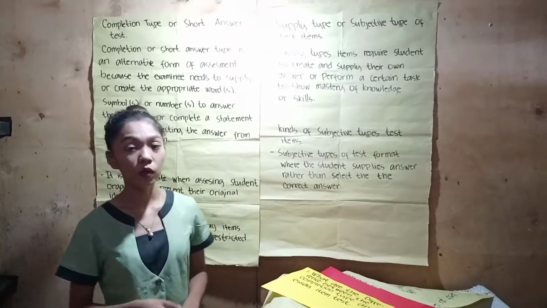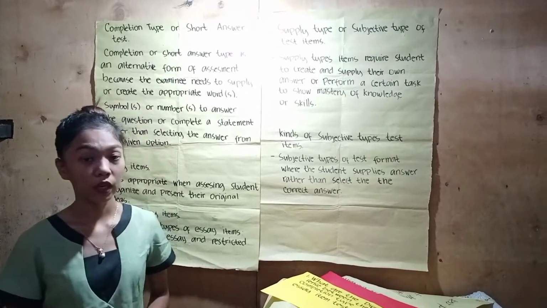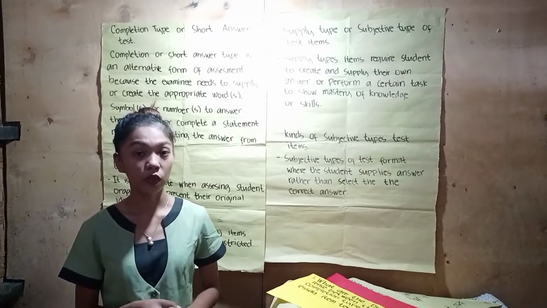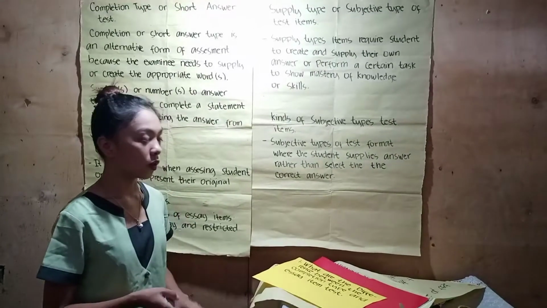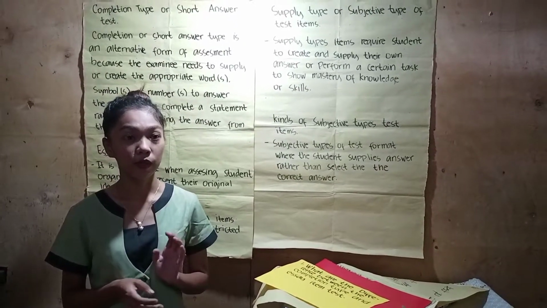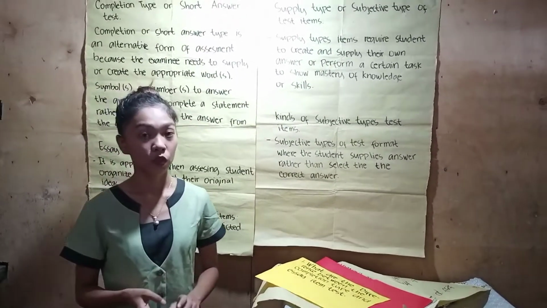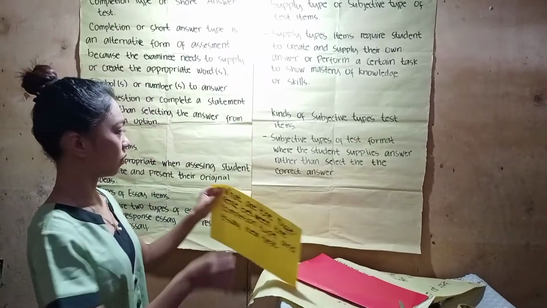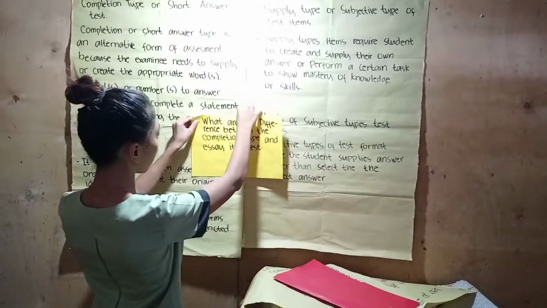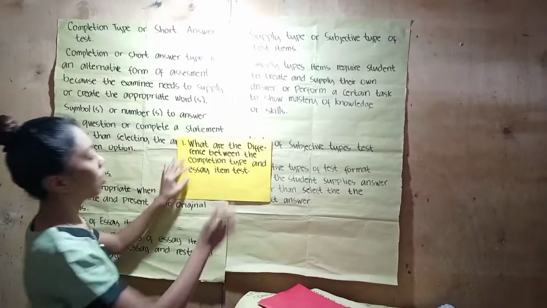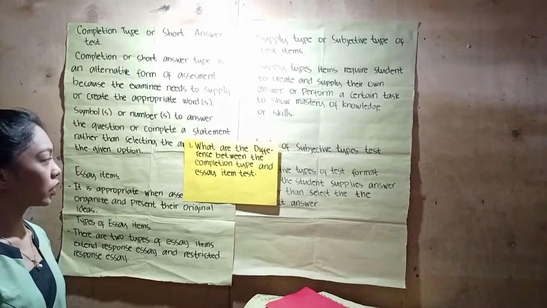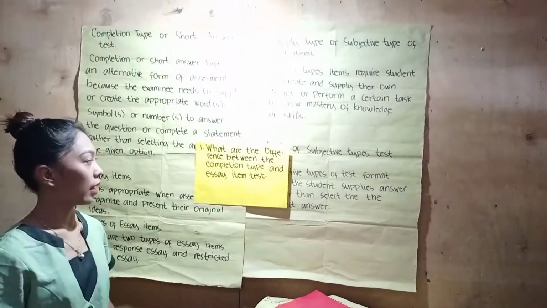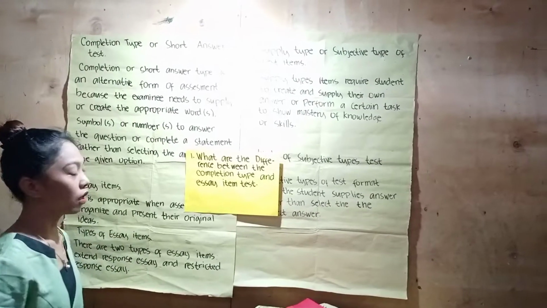Now, we have an activity and you need to find a pair to answer this question. I give you 5 minutes to finish. What is the difference between the completion type and essay item test?